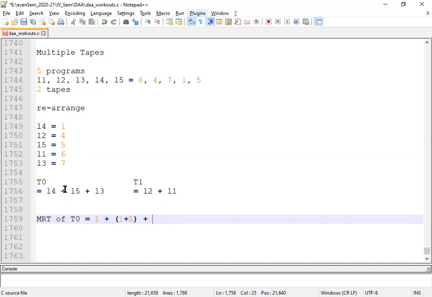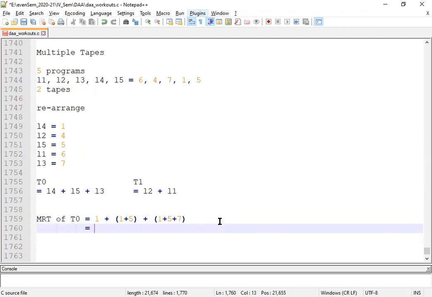For L3, it is the previous 1 plus 5, then its own value, 7. So if we add these values, how much do we get?